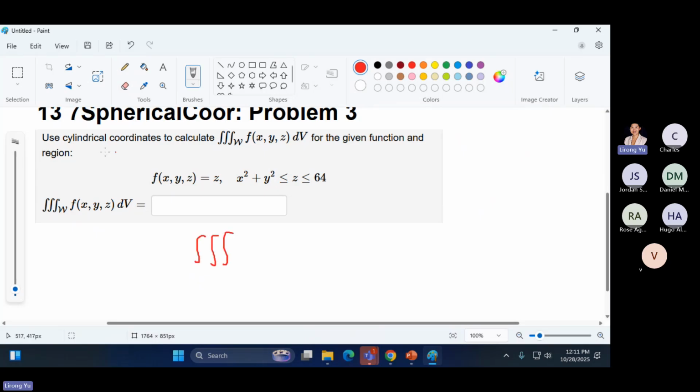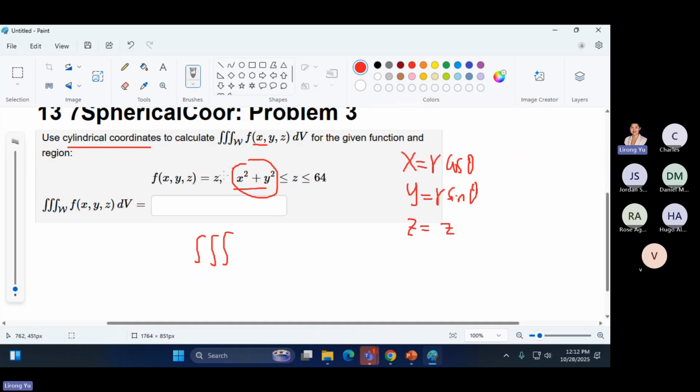We're doing cylindrical coordinates, so number 1, you have to know the proper substitution of variables. X squared plus y squared indicates we will do x equal to r cosine theta, y equal to r sine theta, and z equal to z. This is our change of variable.